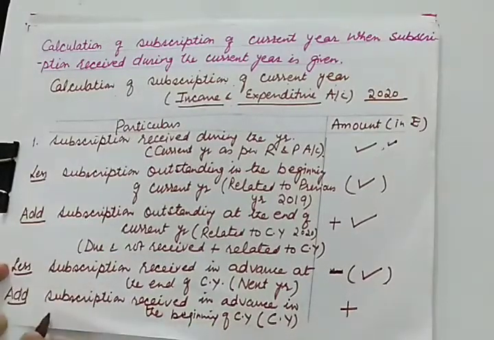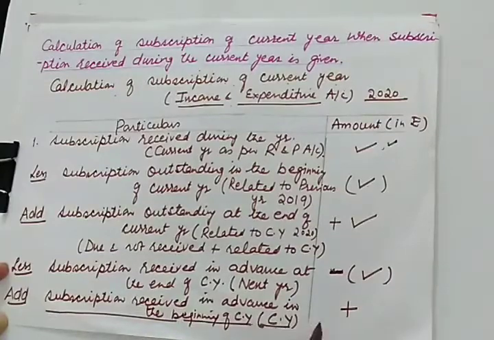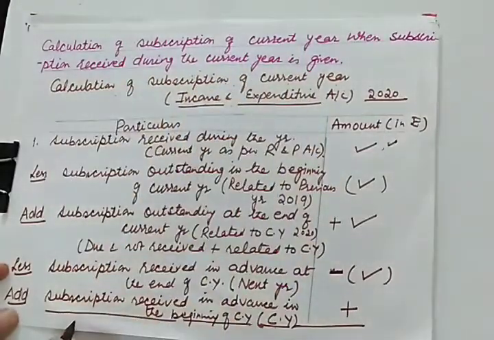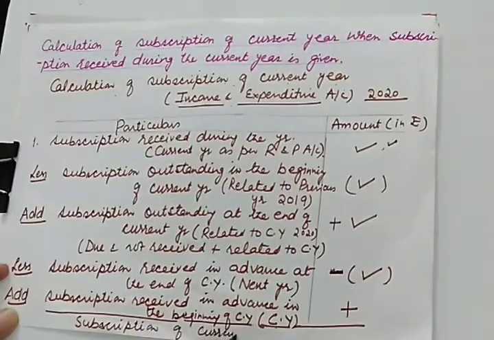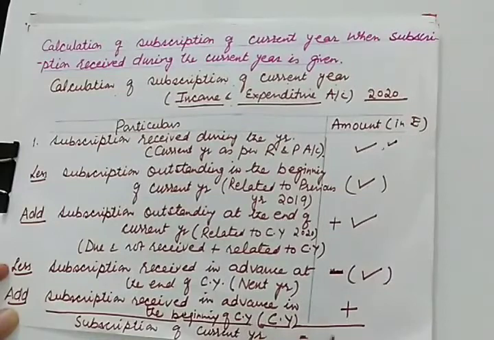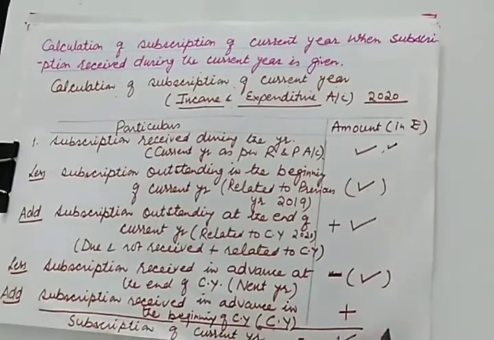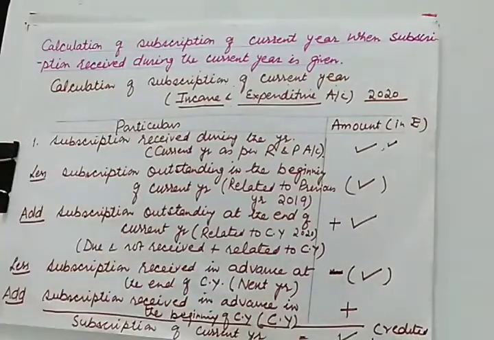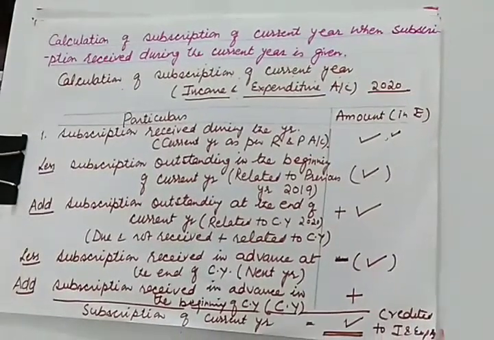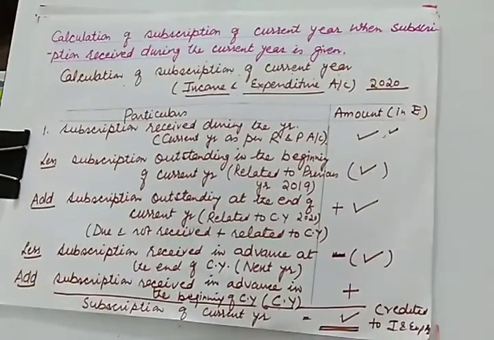After doing this treatment, your answer will be subscription of current year, we can call it subscription related to current year, which will be credited to income and expenditure account. I hope all these 4 treatments, what is to be added and what is to be deducted, and the logic behind this must be clear to you. Why a particular item is added and why a particular item is deducted from this.